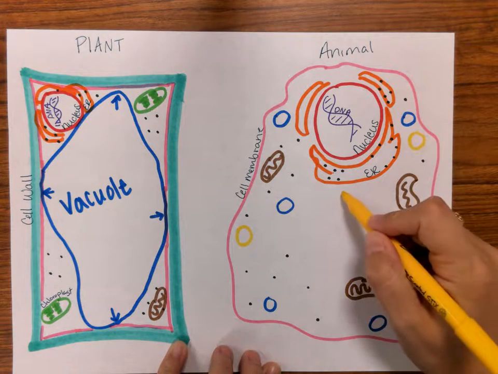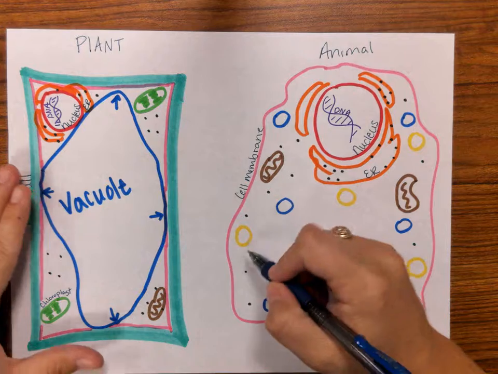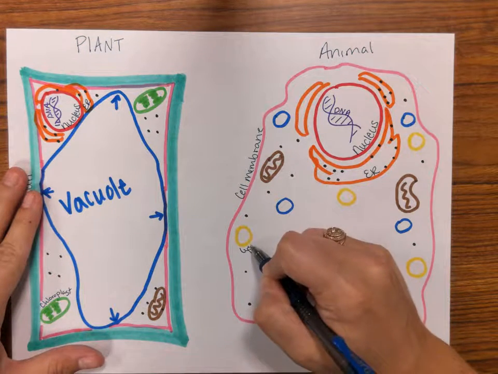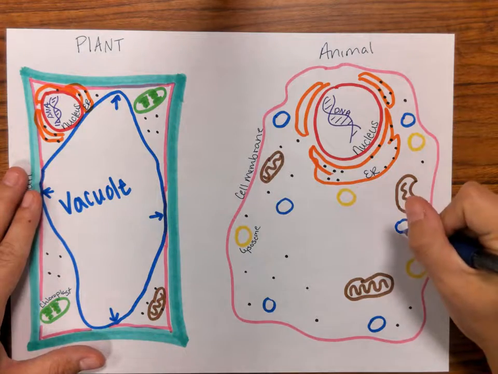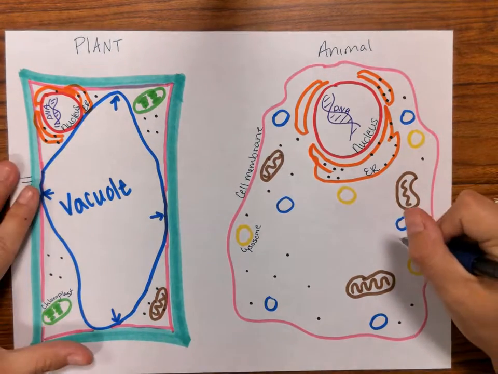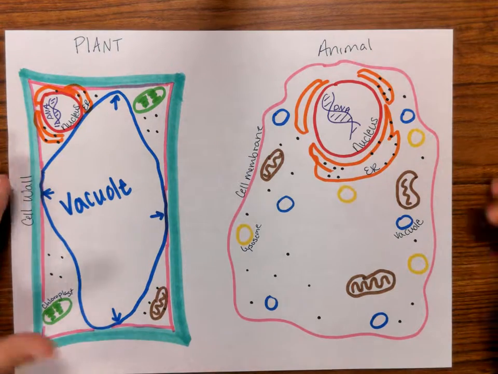They take waste and they get rid of it. They digest it and they take it outside of the cell. So again, the yellow one is a lysosome, which is a digestive organ, and then the small blue ones, just like this one over here, but smaller, are a vacuole, holding water, food, or waste.